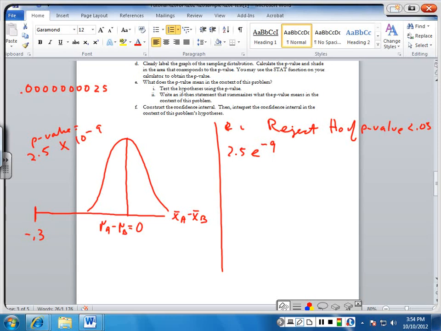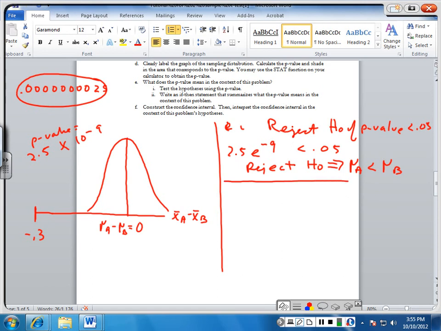Or you can write this number however you want to write it. It's small. It's less than 0.05, so we reject H0. And we conclude mu A is less than mu B. Of course, the same conclusion we already had using the critical value approach.